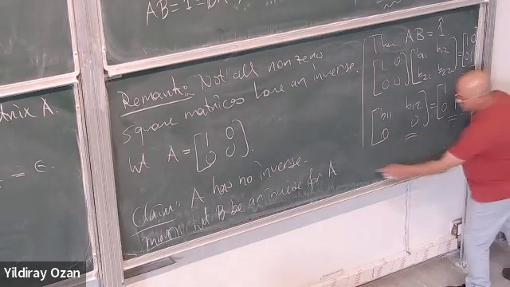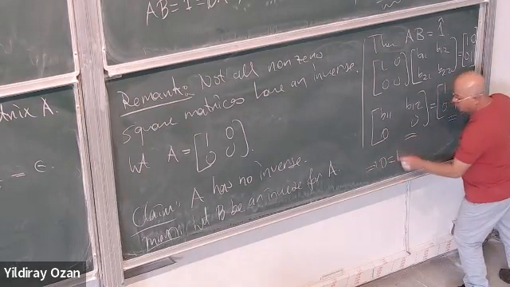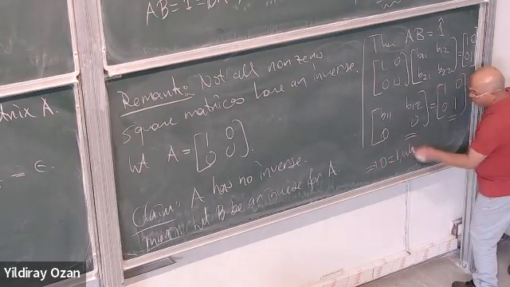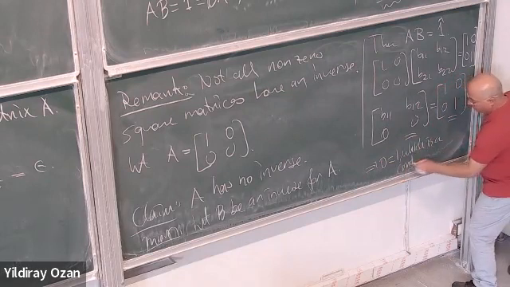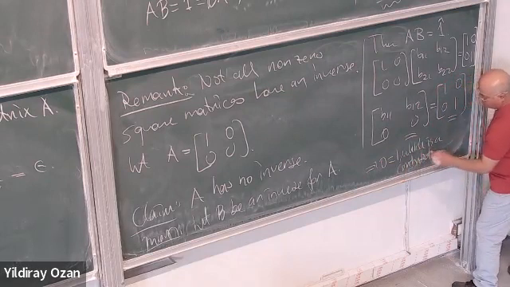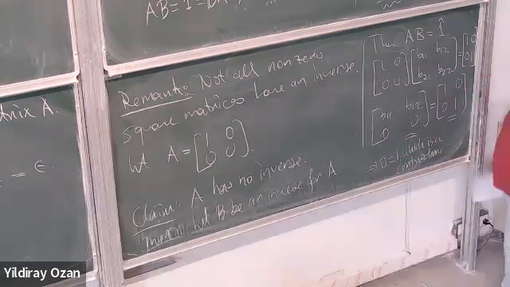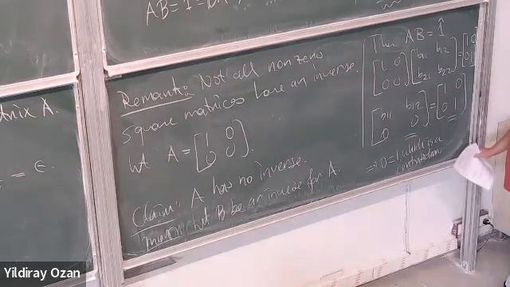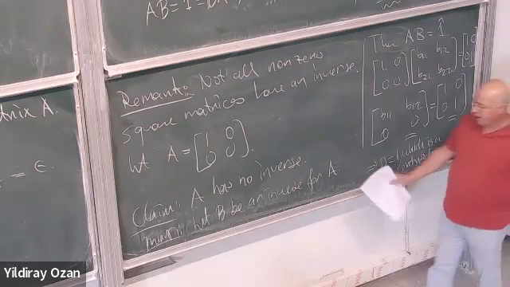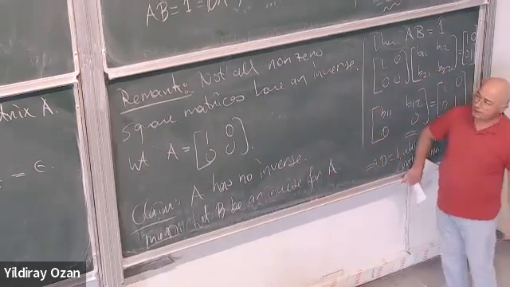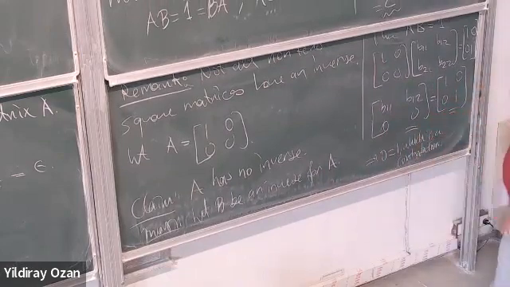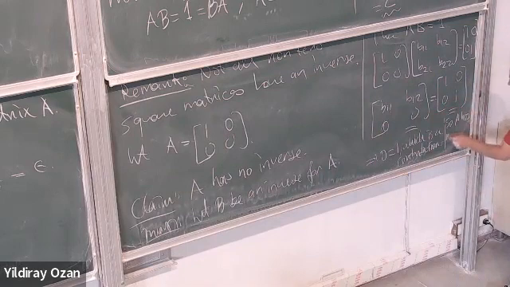So this implies 0 equals 1, which is a contradiction. The reason we arrived at this contradiction is our assumption that there is an inverse for A, right? So A has no inverse.